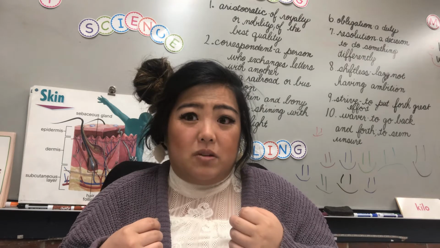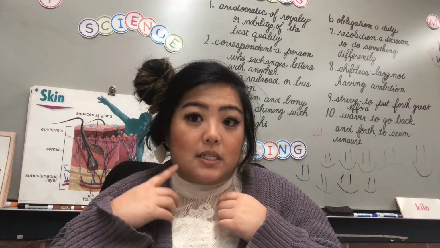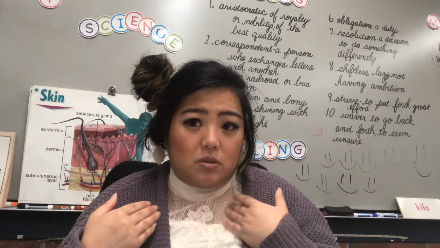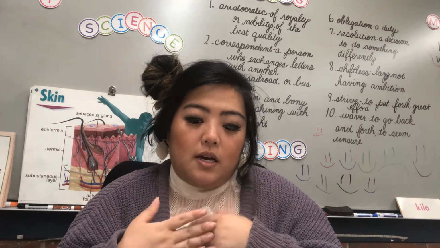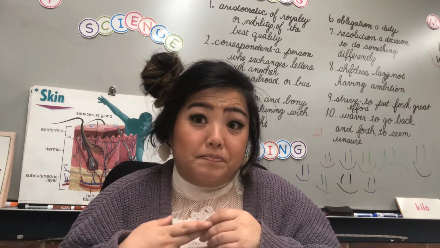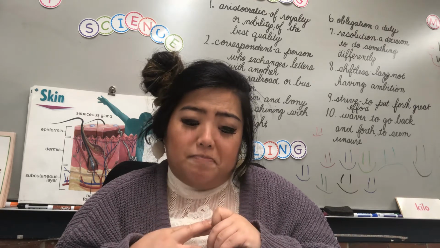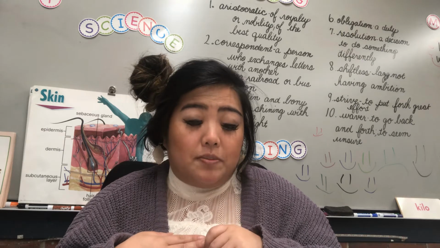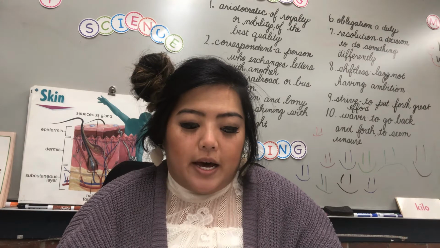They ended up having to use shark skin and different things to replace the skin that she lost, because shark skin is similar to human skin. But burns are no joke. They're very dangerous. So it is very important to be careful around fires.